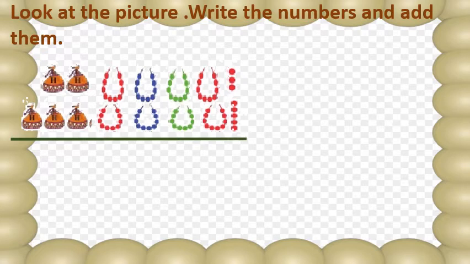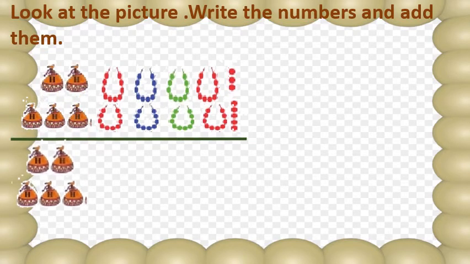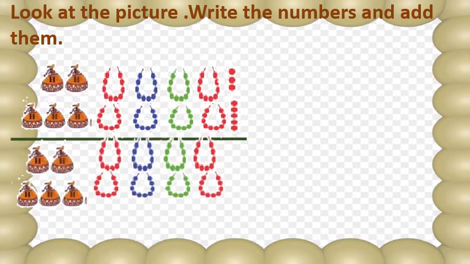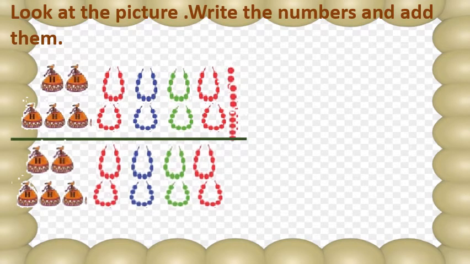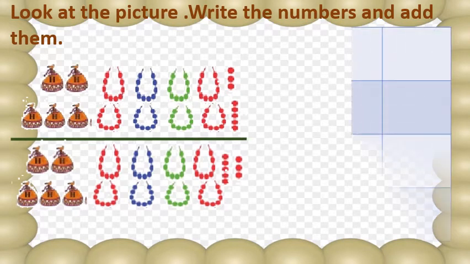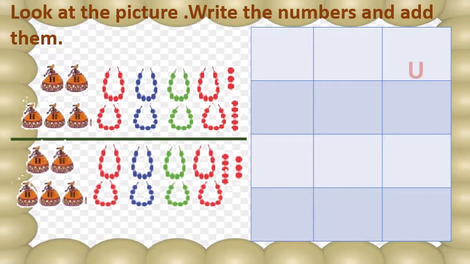First we will observe the picture. 2 plus 3 purses means that became 5 purses. And here 4 tens plus 4 tens, that became 8. And here together it became again 8 beads, single beads. Now same thing we will write in the table. You know now how to write in the table, correct?